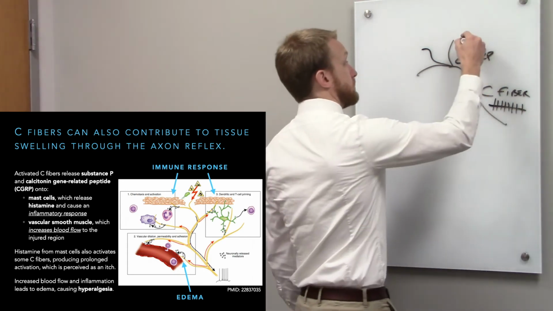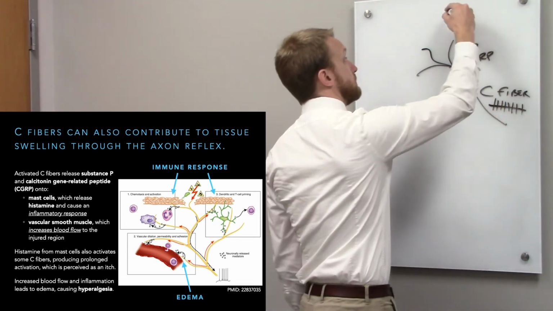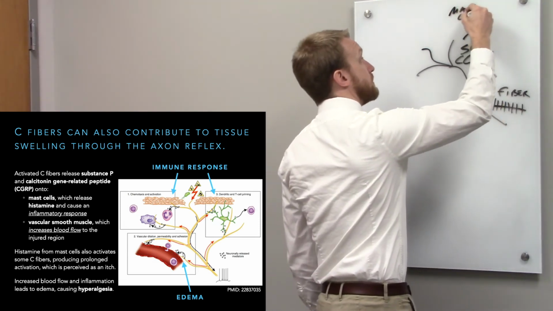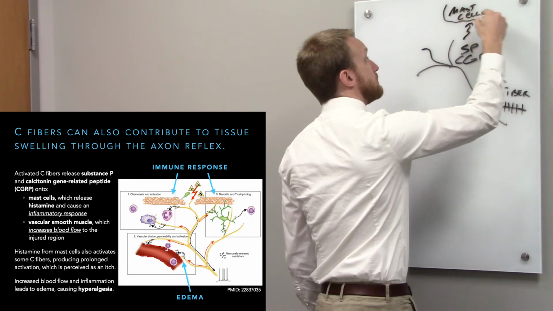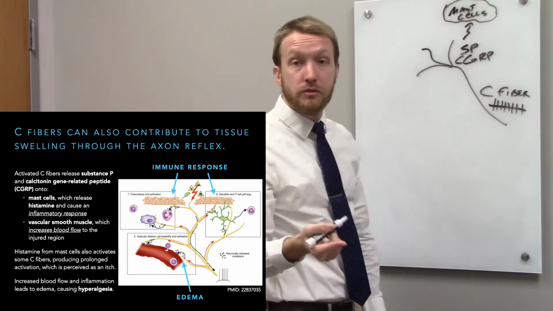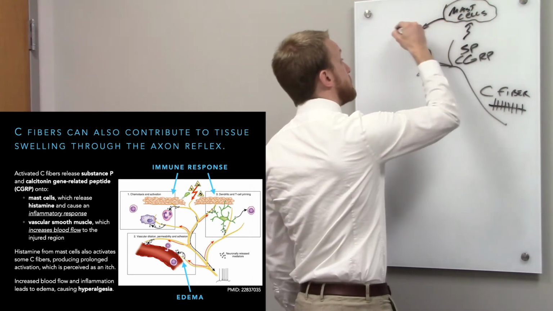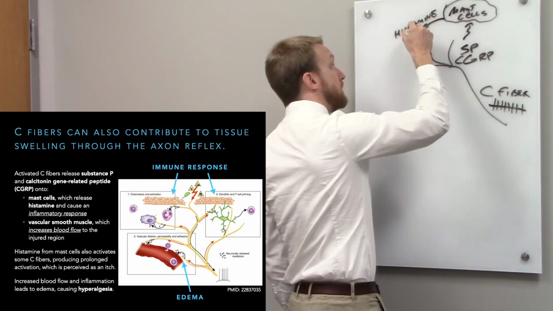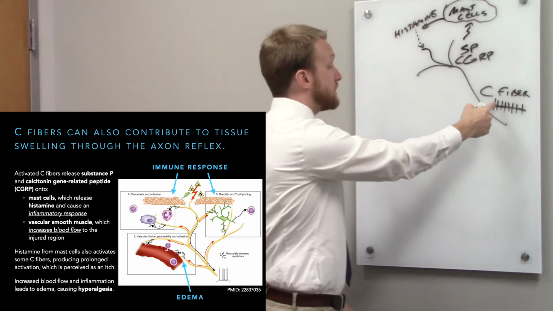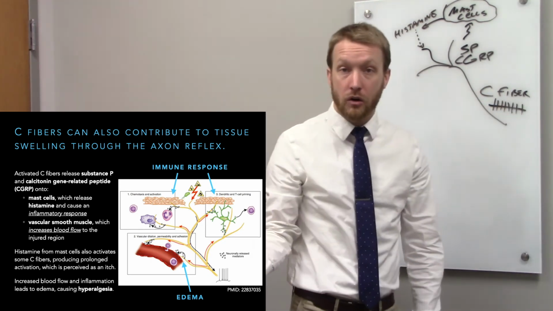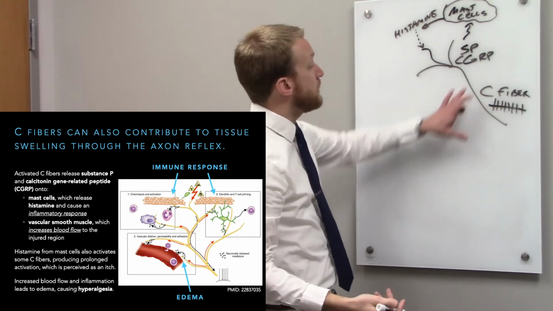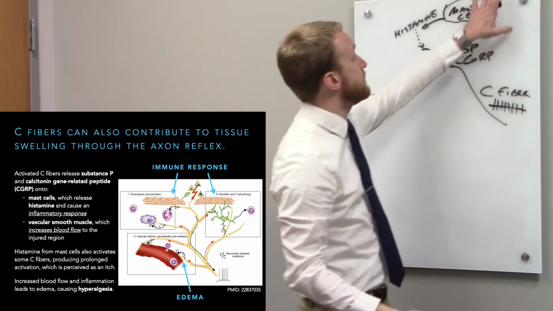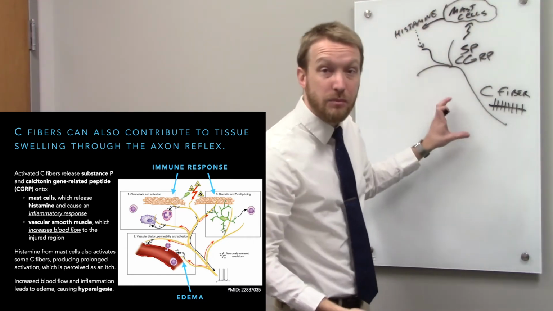These are two neuropeptides that are going to act on a couple of different targets. One of their targets are going to be some immune cells. So the mast cells. These are going to help contribute to inflammation by releasing histamine. Histamine is going to stimulate our C fibers and keep the pain going. So when we have stimulation of C fibers, they create this positive feedback loop that keep them activated.